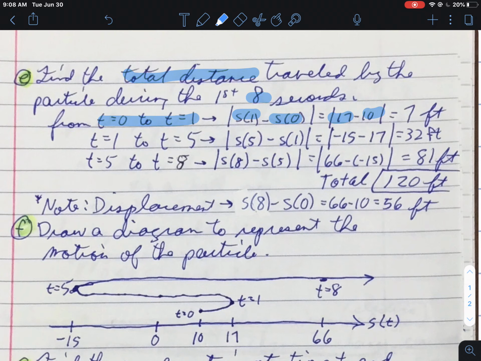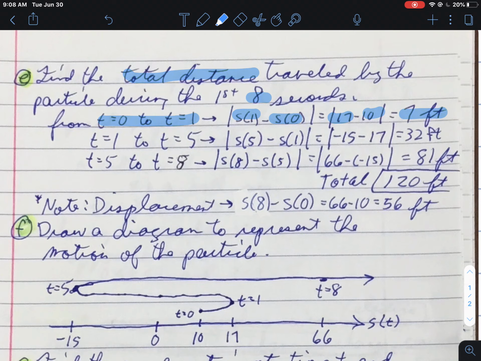That gives me the displacement of our particle. It's located at 17 feet, which would be our unit there, at 1 second. It's located at 10 feet at 0 seconds. And again, this is with respect to our frame of reference, so s of 0 is 10, s of 1 is 17. The difference between those two is 7 feet. So over that time interval, our particle has traveled a distance of 7 feet.